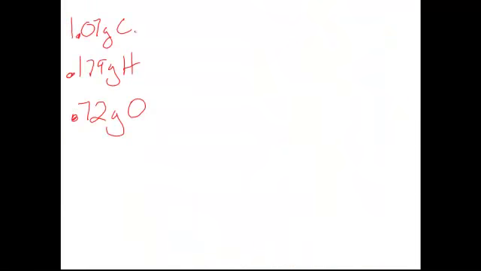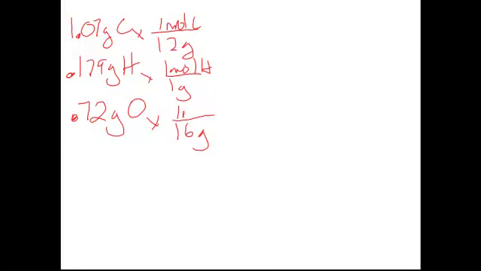Okay, so percent to mass, mass to moles: 12 grams in 1 mole of carbon, 1 gram in 1 mole of hydrogen, and 16 grams in 1 mole of oxygen.